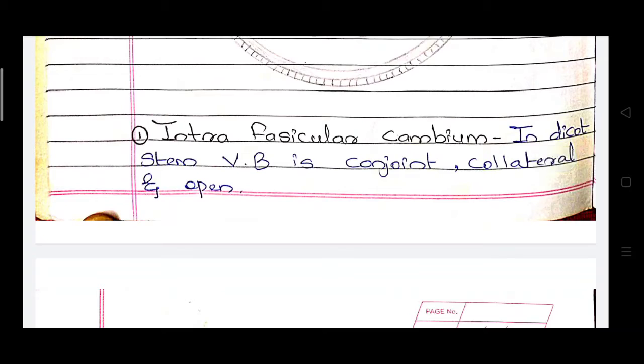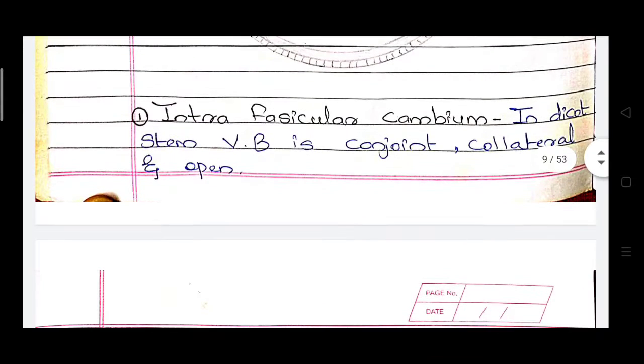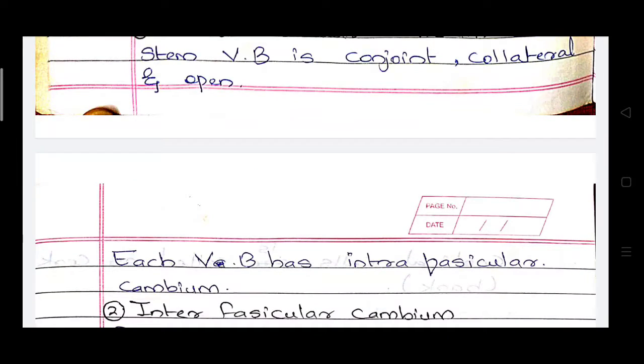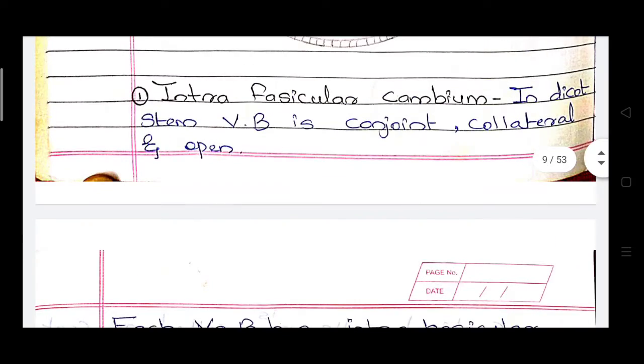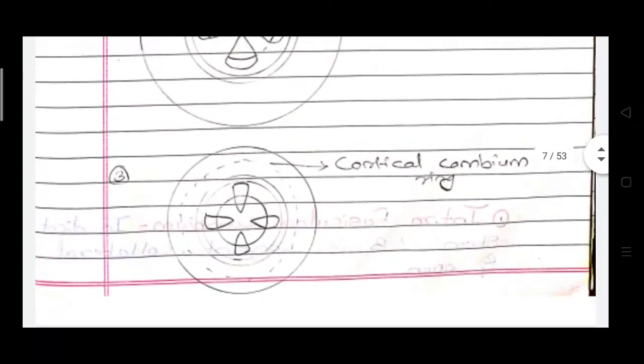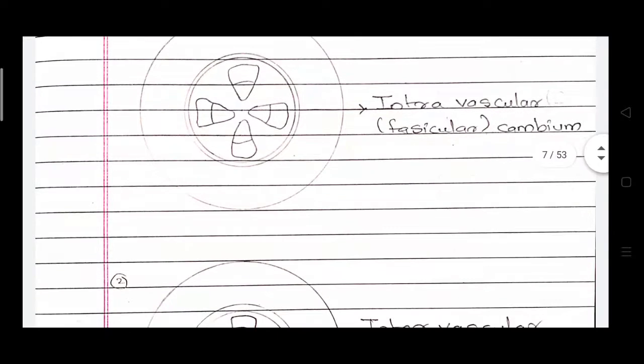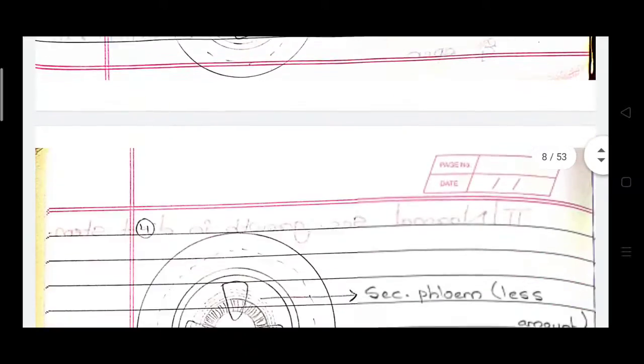So what is happening in the intrafascicular cambium? Intrafascicular means in between the xylem and phloem of the vascular bundle, where the conjoint, collateral and open vascular bundles are observed. That is the first figure we saw. In between the xylem and phloem a cambium region is developed, that is the intrafascicular cambium.